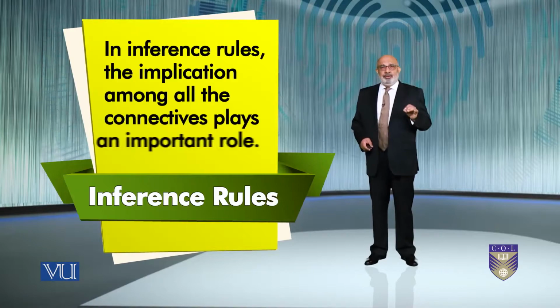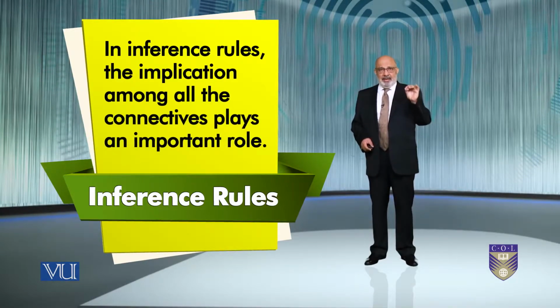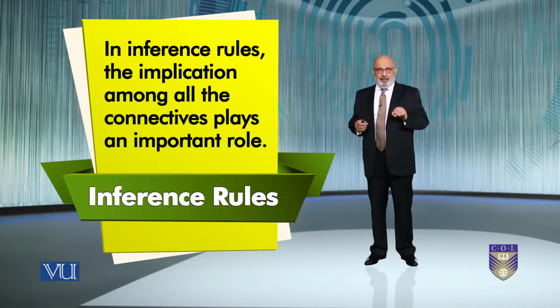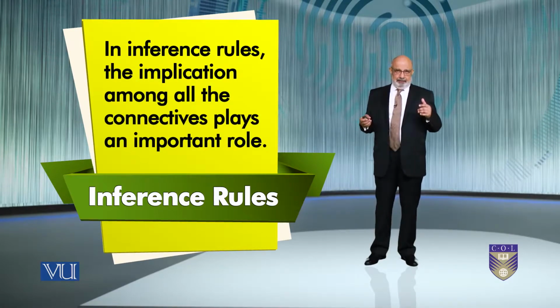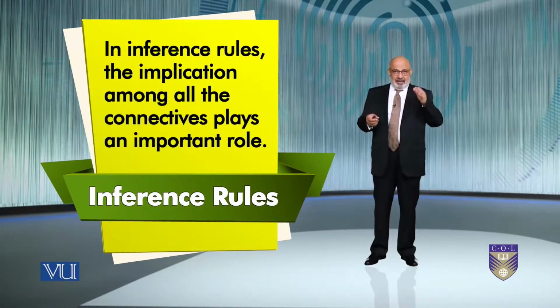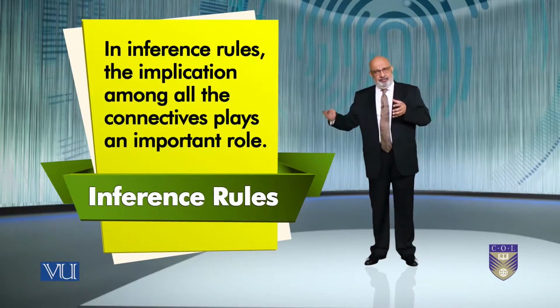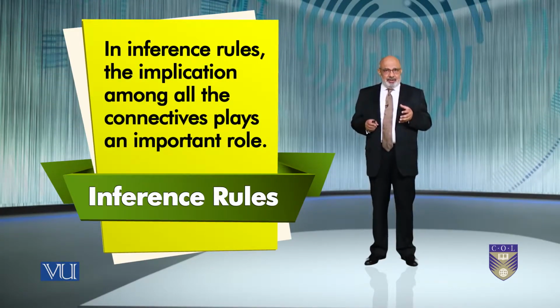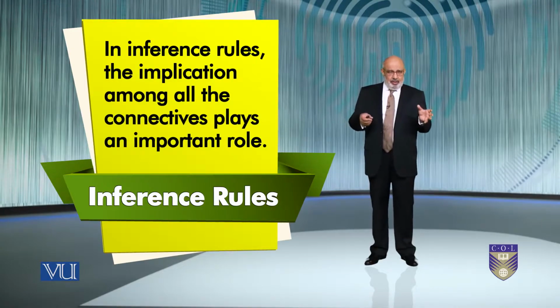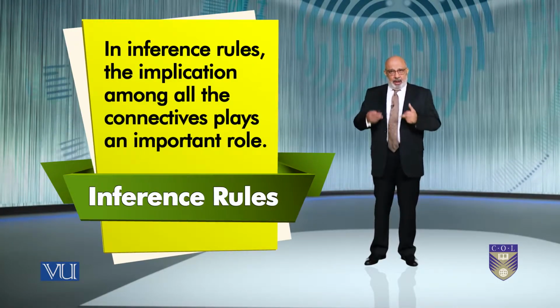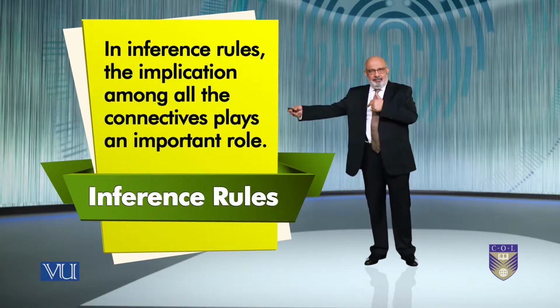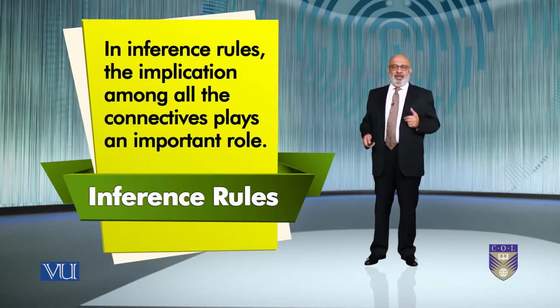In inference rules, the implication among the connectives plays an important role. Once again, the same thing. The implication meaning there are certain things. If it is raining, you perform some action. So this is the implication of something that's happening. So it's a sequence of connectives, and that plays an important role.